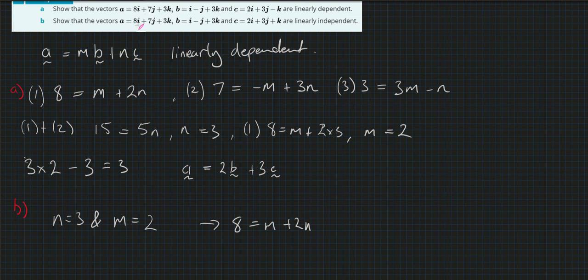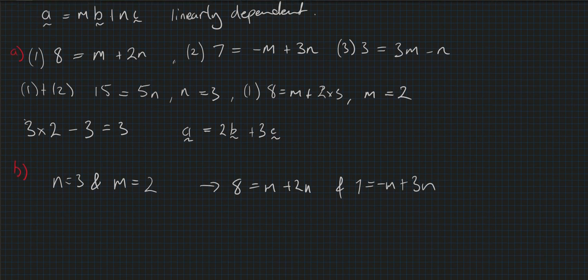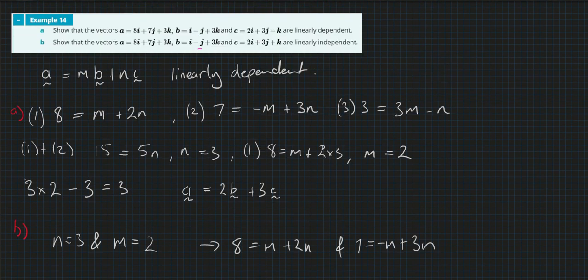I'll highlight it in a different color. So 8 is equal to m times 1 plus n times 2, and 7 is equal to minus m plus 3n. So we end up with the same stuff again. Okay, from above, let's have a look at the last thing we have here.